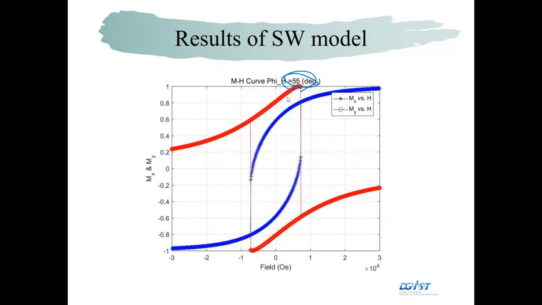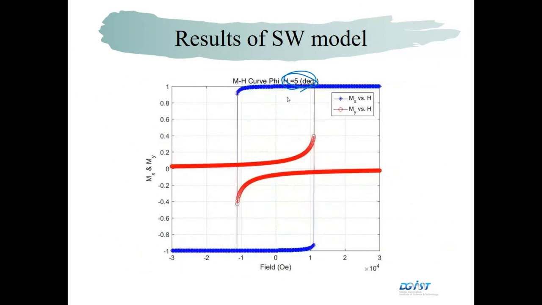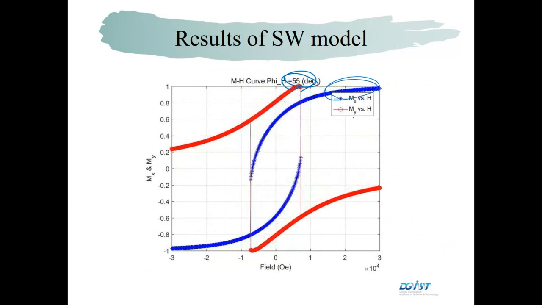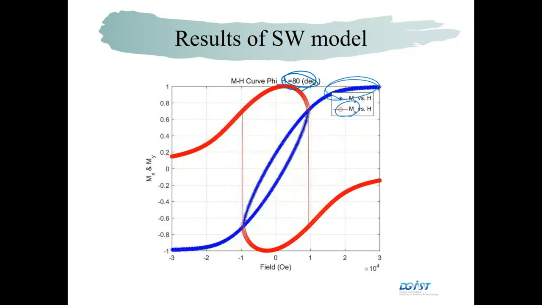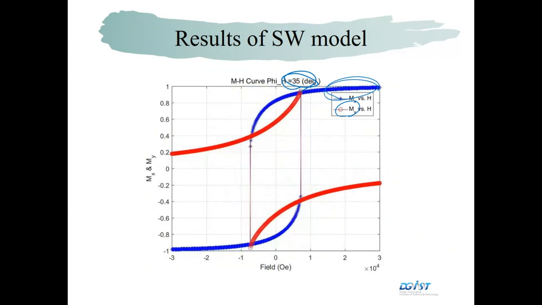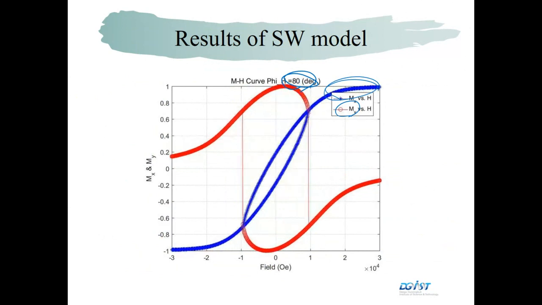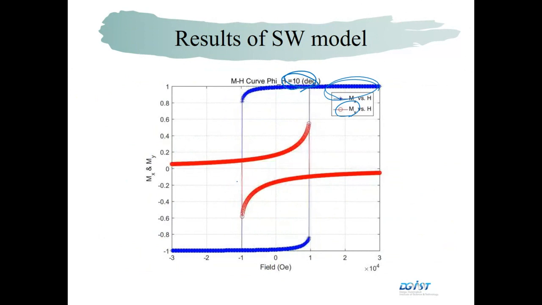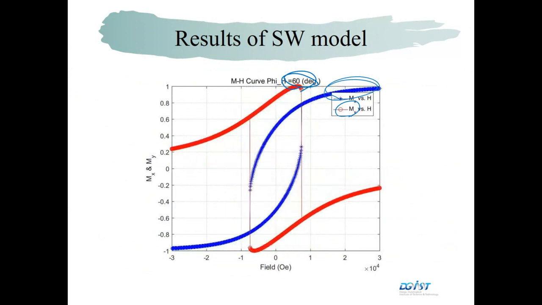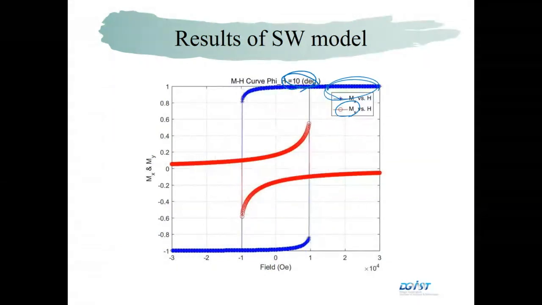I just solved the Stoner-Wohlfarth model, and this blue one is the field direction, and the red one is the orthogonal component. So you see here, the coercive field is starting from the maximum, and then they are decreasing, and then the saturation field is the same as the coercive field.